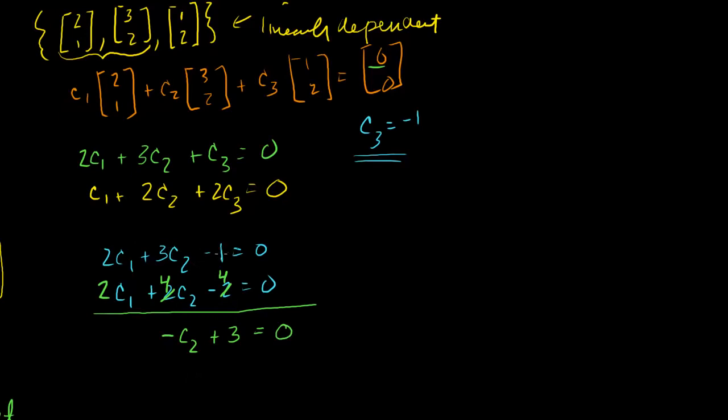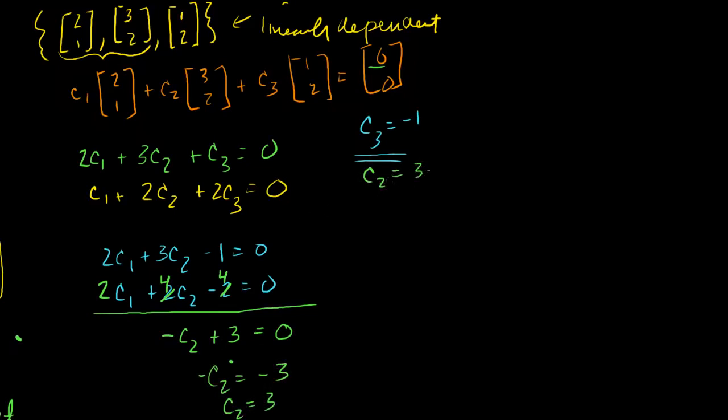We have a -1 minus a -4, so +4. So we have a +3. Right. So minus c2 is equal to -3, or c2 is equal to 3. So we get c2 is equal to 3.